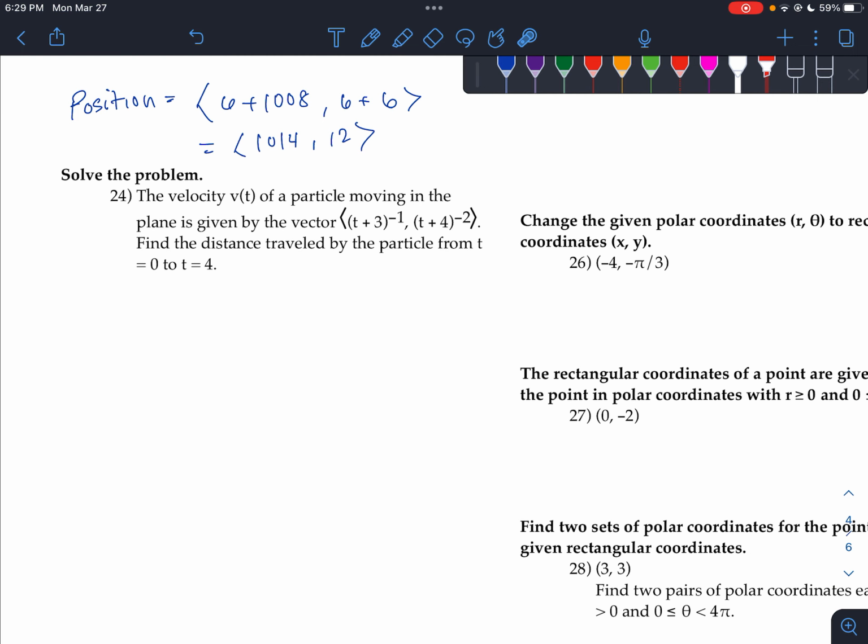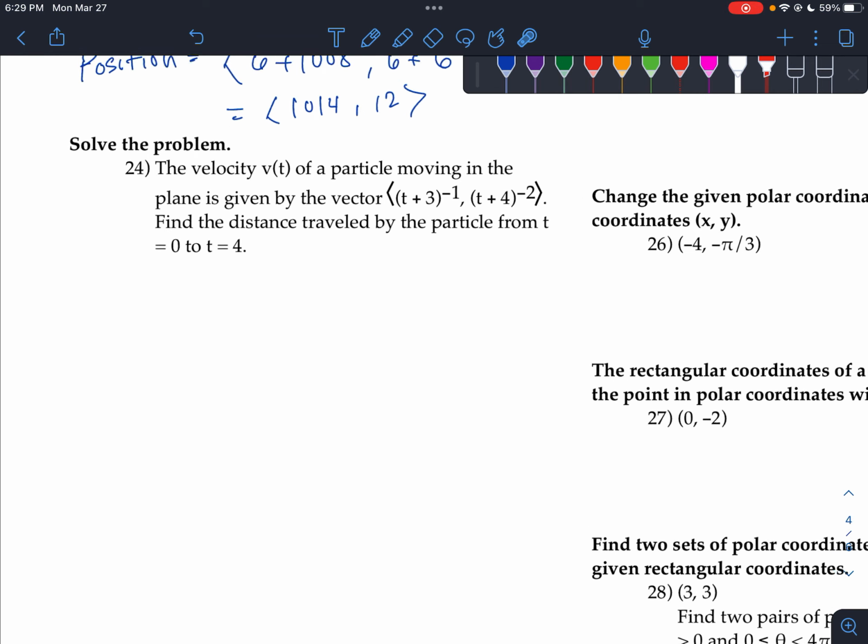Okay, the velocity of a particle moving in the plane is given by that vector. Find the distance traveled. Distance traveled does not care about initial position.